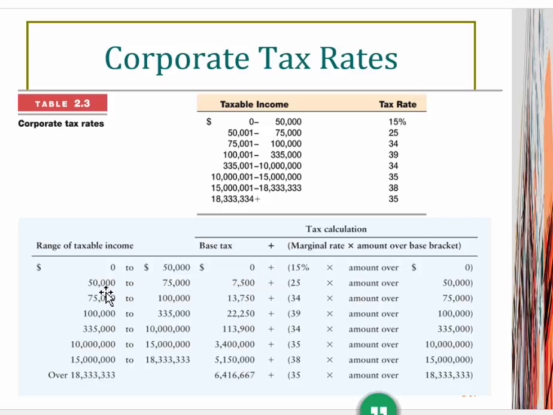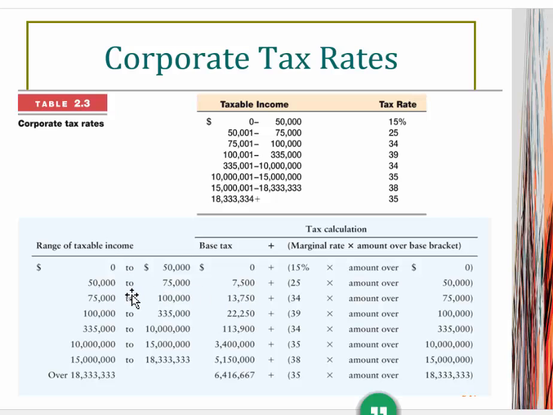But when you make $50,001, that next $1 is taxed at a higher rate. Now, the first 50,000 is taxed at 15%, so that's 7,500. So this number in this column represents the taxes paid on every previous dollar.